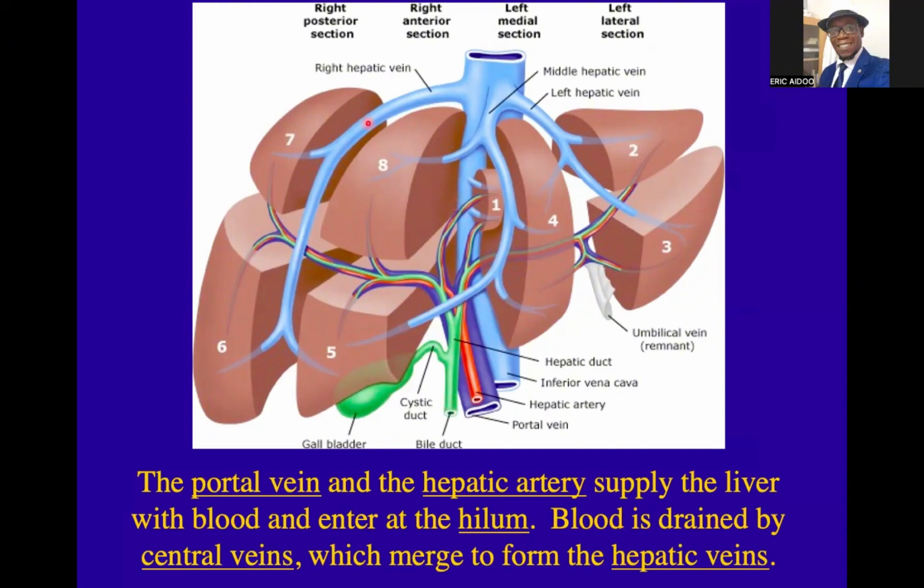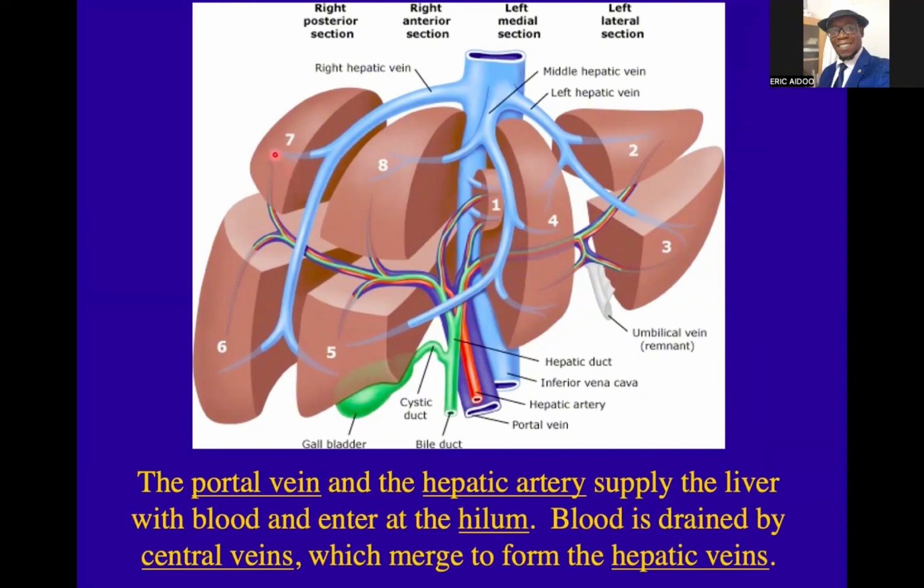So these are hepatic veins that will drain the liver into the inferior vena cava. And as we will see, they drain the central veins, which are also connected to sinusoids in the liver.